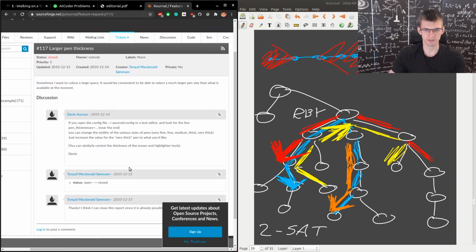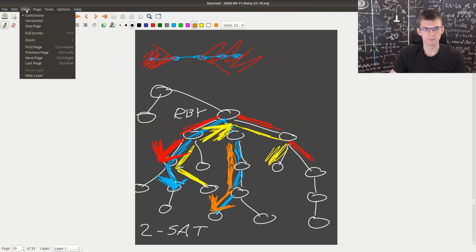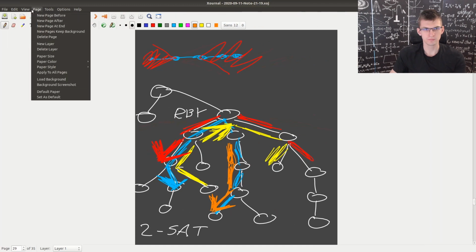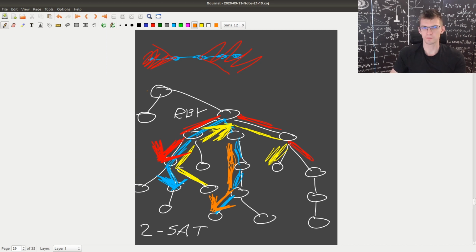I need to open the config file. Oh, I can switch here. That will be better. It's a pity they don't have it here among the 3 buttons.